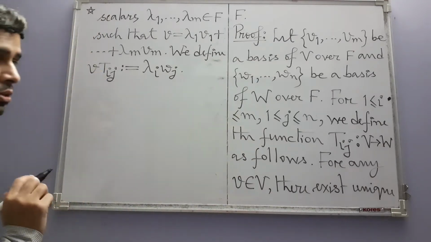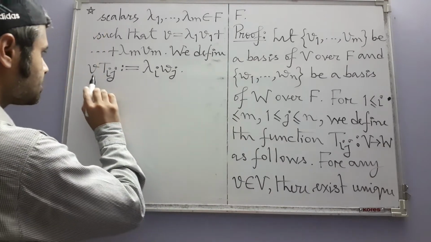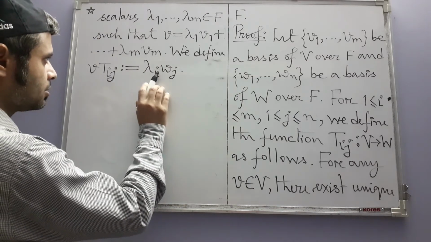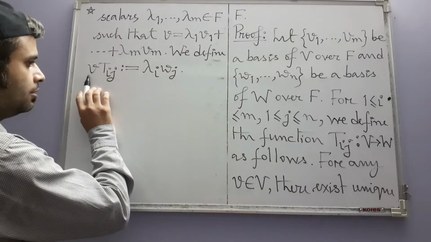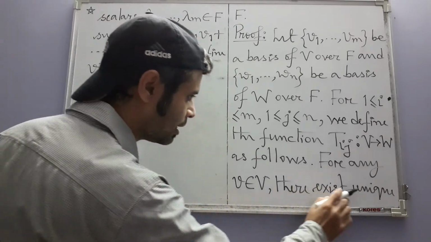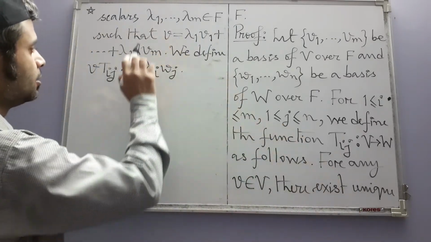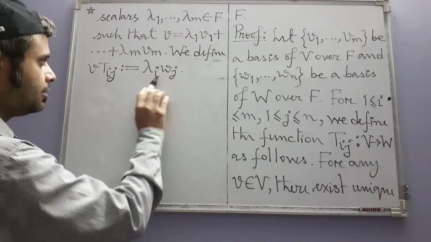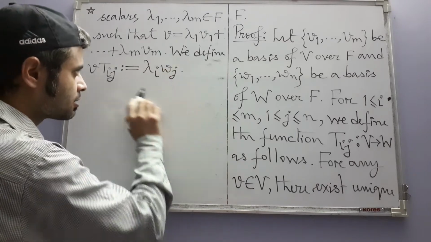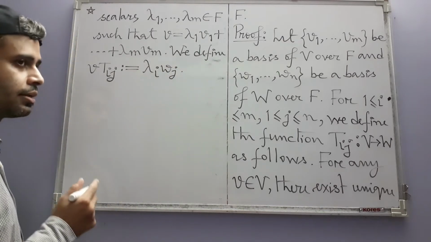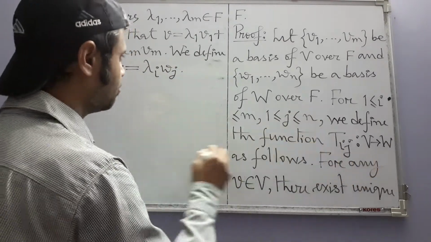Now what about uniqueness of this output? This output is unique because lambda i is uniquely determined by v. Once you choose v, there exist unique scalars. So it does not matter what i is, lambda i is going to be unique. So that's why this output is also unique, and that is why Tij is well defined.